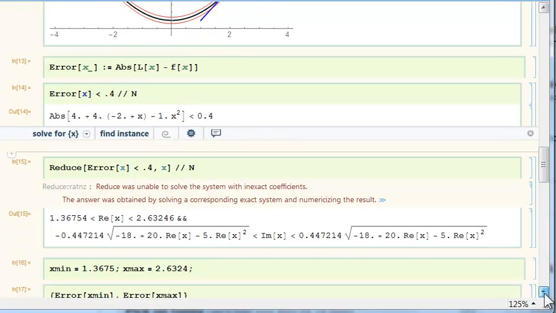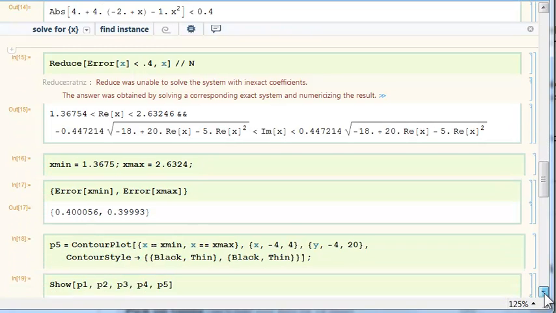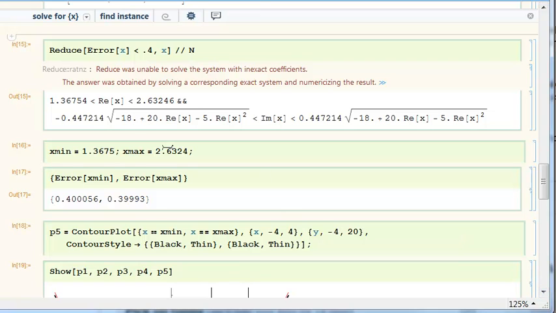You can look up the help information in Mathematica, and you'll find out for solving inequalities, sometimes Reduce works. Reduce the error being less than 0.4. And somehow it couldn't solve that with Reduce, but it did something else, which I don't care about as long as it did it.